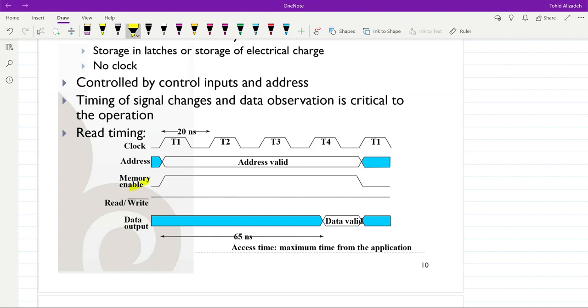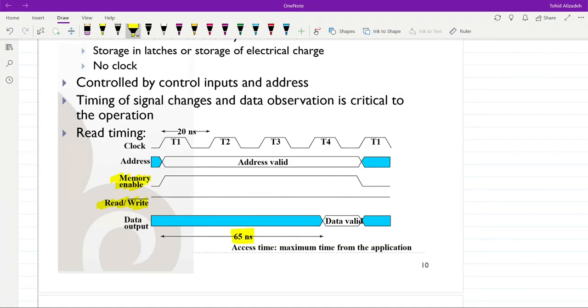So memory enable is one control input, read-write is another control input. For the memory to provide valid data, it takes some time. In the example that we have here, it takes 65 nanoseconds for the memory to provide the information which is required from one of the memory elements.